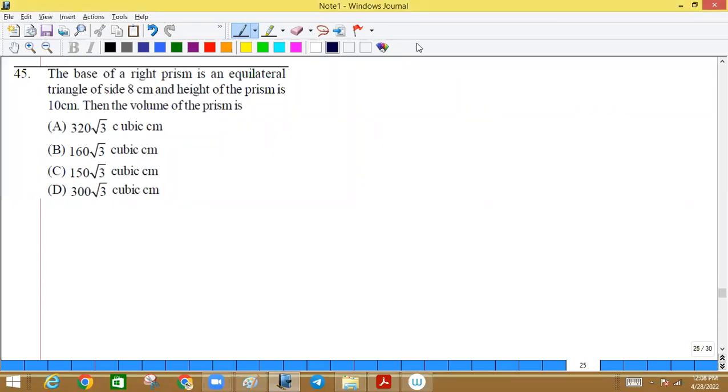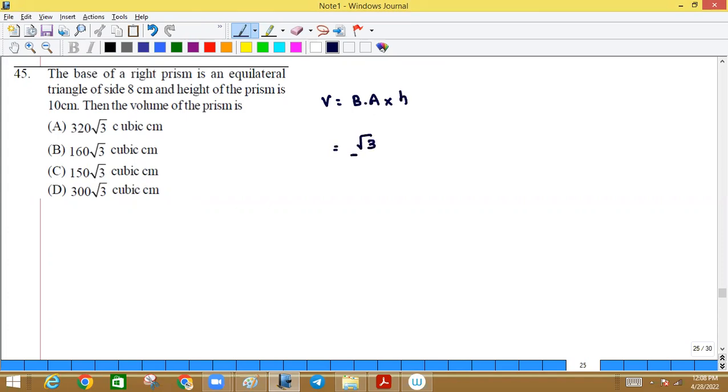The base of a right prism is an equilateral triangle of side 8 centimeters. The height of the prism is 10 centimeters, then the volume of the prism is? Obviously, what is the volume of the prism? Base area into height.